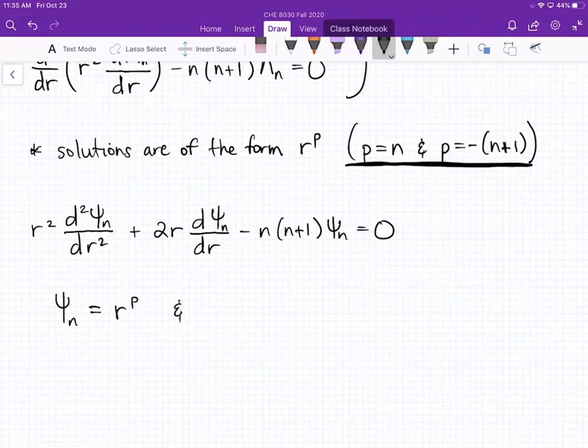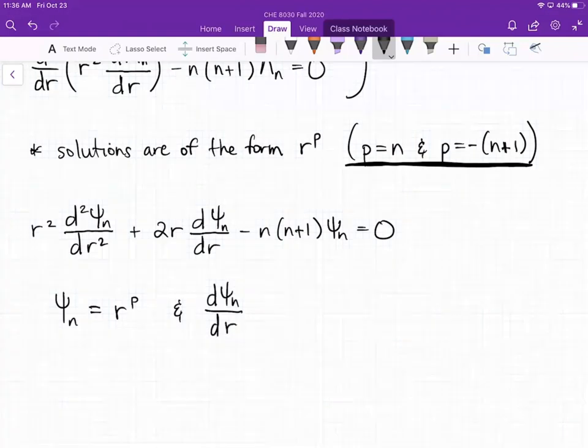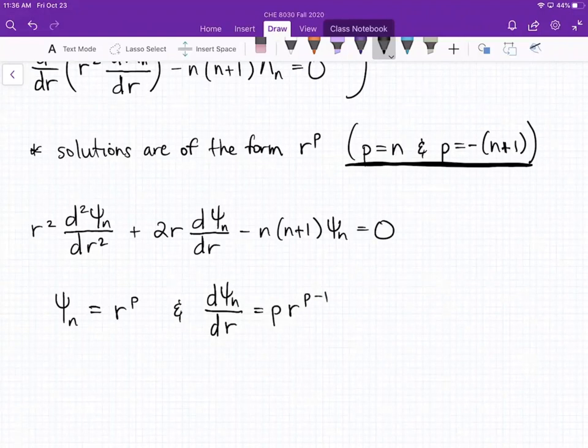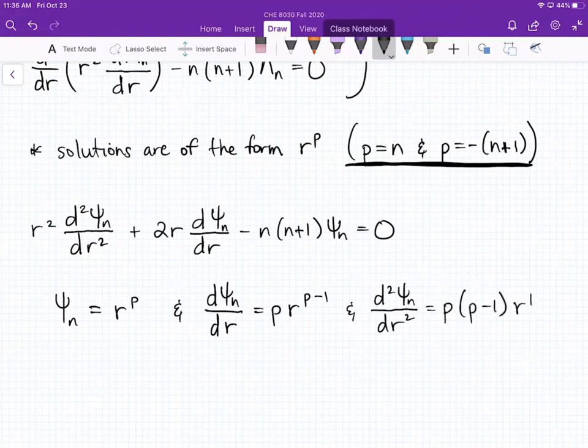I also know that the derivative with respect to r is equal to p r to the p minus 1, and my second derivative is going to be equal to p times p minus 1 r to the p minus 2.